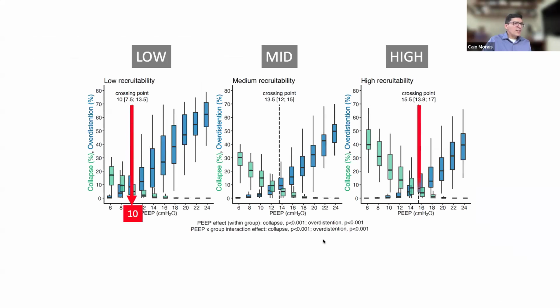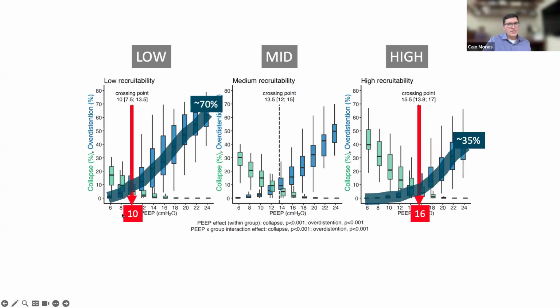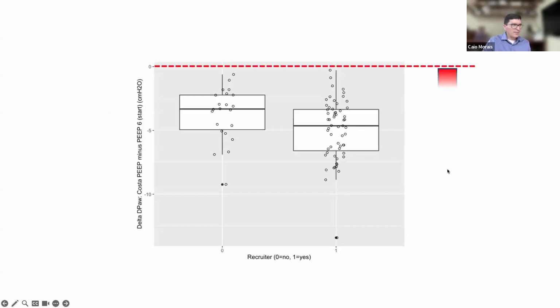And interestingly, they found that patients with high recruitability may need more PEEP compared to patients with low recruitability. And more interesting, using the physiology that EIT measures, we can see that for the same absolute level of PEEP, we produce much more overdistension when we have a patient with low recruitability compared to a patient with high recruitability.